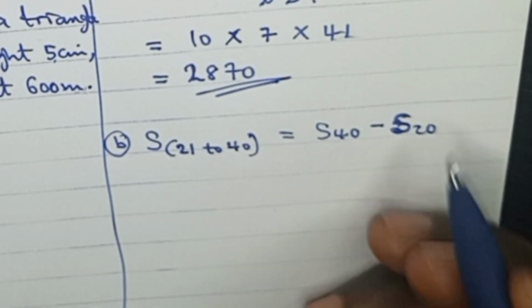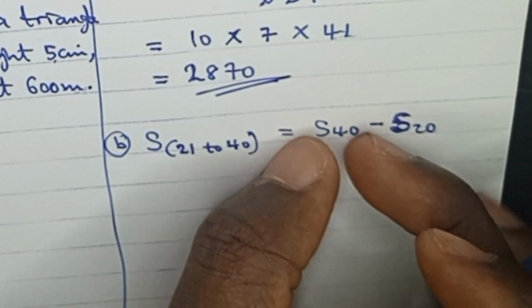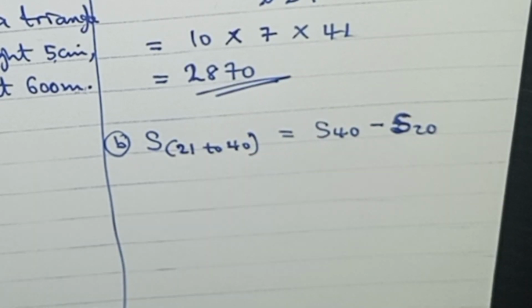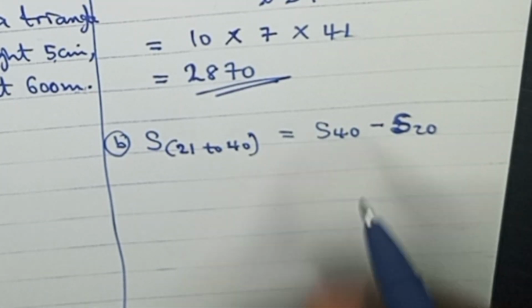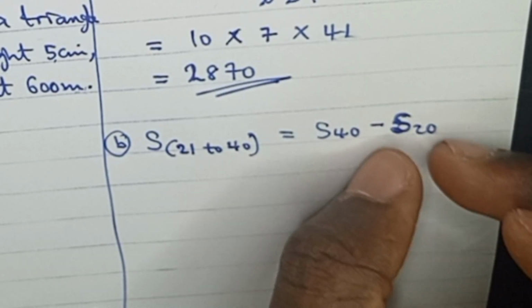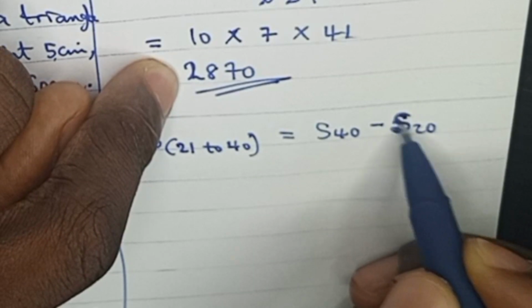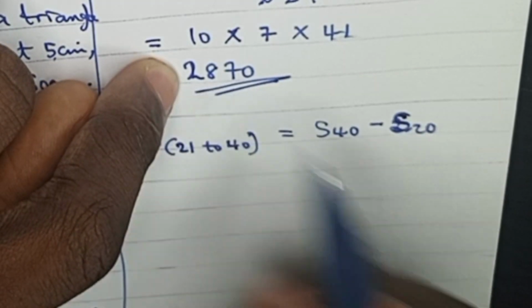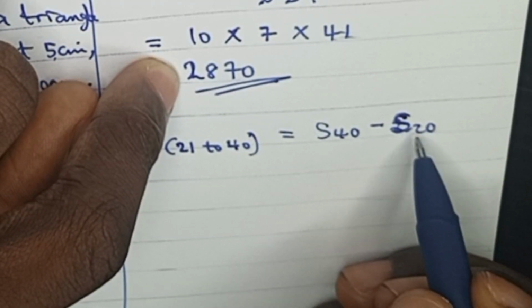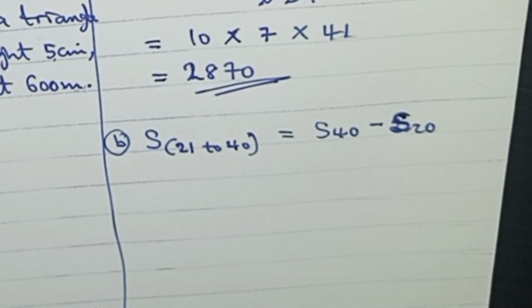It means we find the value of S40, 1 square plus 2 square plus 3 square plus 4 square up to 40, then we find S20, for which we've already gotten the answer. Now S40 minus S20 will give us the value from 21 to 40. That is the way to solve it.